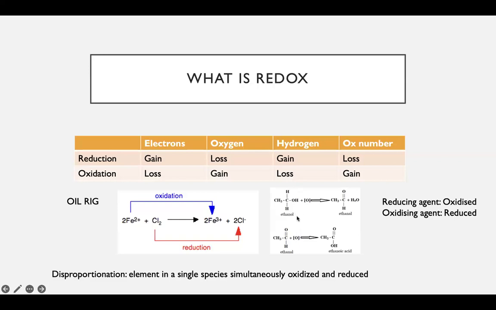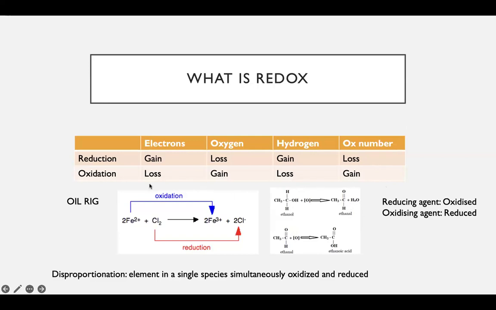I've included an example here: ethanol to ethanal to ethanoic acid. You can see that this is oxidation, and as you successively go along, you're losing hydrogens. Then this concept of oxidation number we'll look at on the next slide, I think. But if the oxidation number becomes more negative, you're reducing it, so it's reduction. And if it becomes more positive, you're oxidizing it.